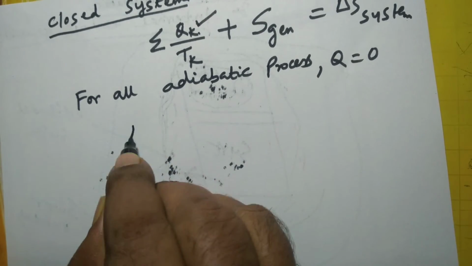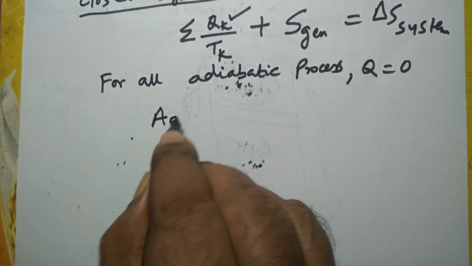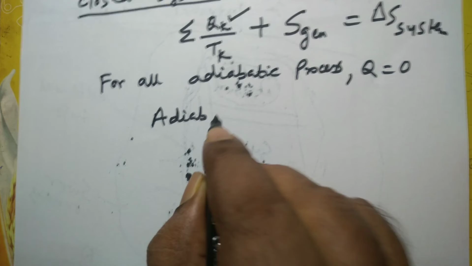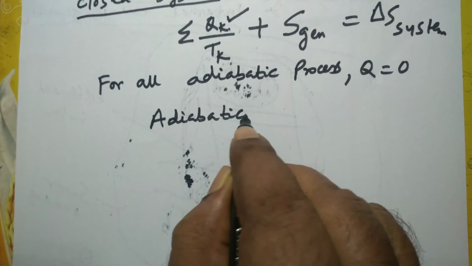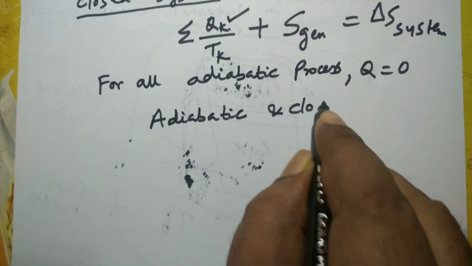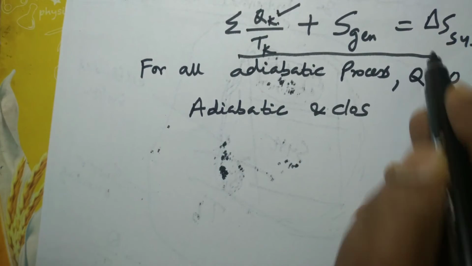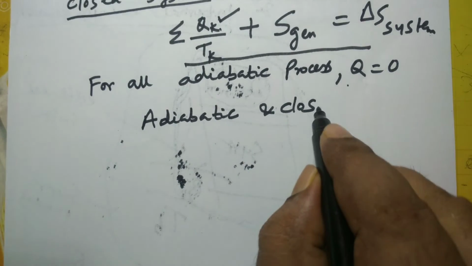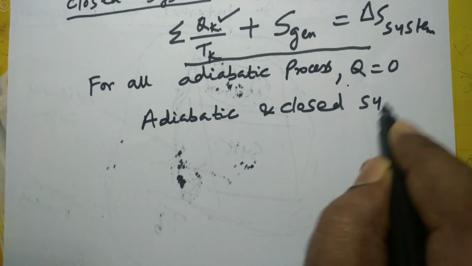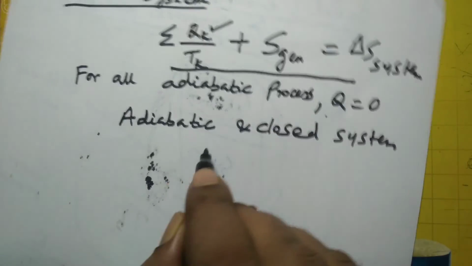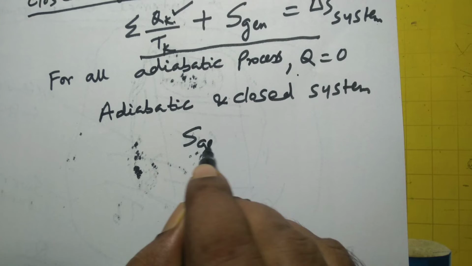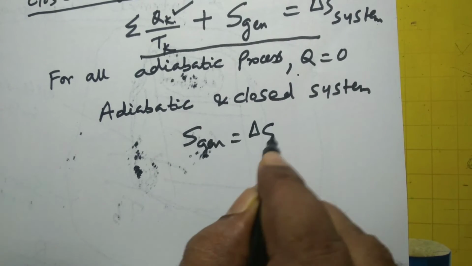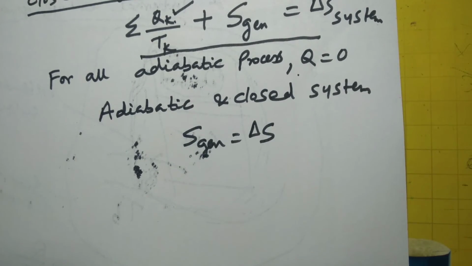So for an adiabatic closed system the equation will be, since it is closed and adiabatic, Q becomes 0: S gen is equal to delta S, the change in entropy.